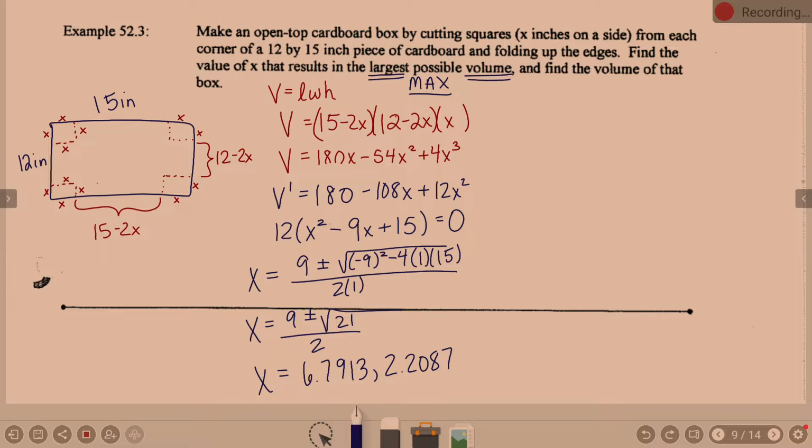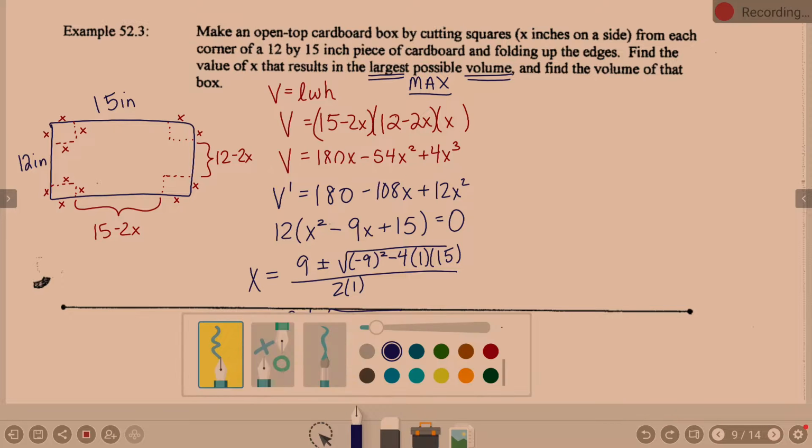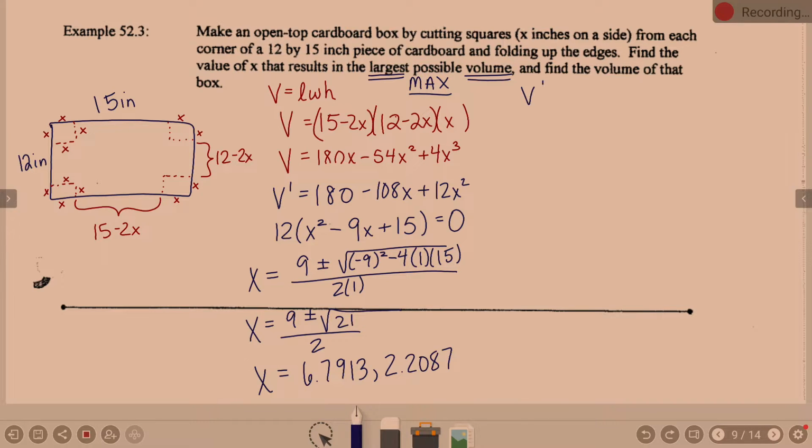And the calculus reasoning says we now want to look at the second derivative. What's the second derivative? Should we do 2x minus 8, or 2x minus 9, because it's the reduced version? Yeah, you could, and that's what I did. I just said the second derivative is negative 108 plus 24x. However, if you divide 108 by 24, wait a minute.